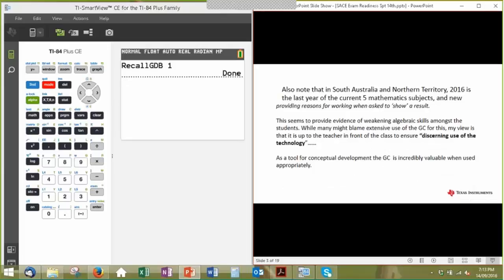So you do need to be aware of those. In terms of examinations and assessors' comments, specifically in 2015, question 6, the examiners said there were many good responses, but the poorer responses showed evidence of major difficulties with constructing real quadratic factors and providing reasons for working when asked to show a result.